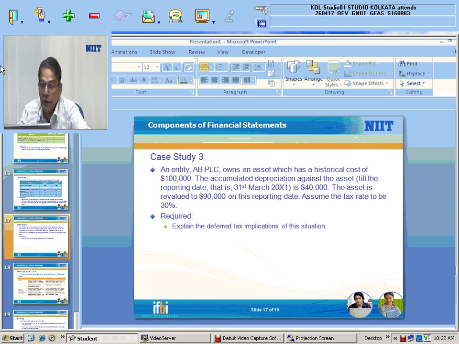You have to explain the deferred tax implication of this situation. Now one thing is sure, as on 31st March 20X1, the asset's carrying value before revaluation was 100,000 minus 40,000, the accumulated depreciation, that is 60,000. The asset is revalued to 90,000, so the revalued amount will be shown in the balance sheet. So what is the deferred tax implication of this situation? Let's look at the solution here also.